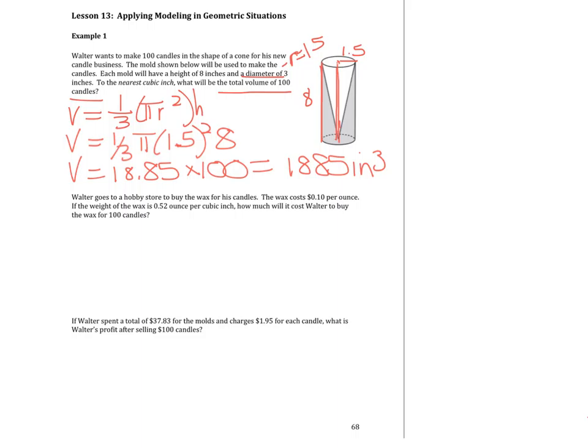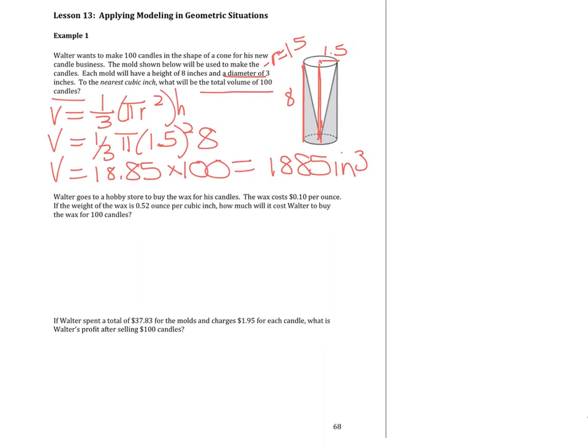So we have 1885 for the volume of 100 candles, and that's cubic inches. We're going to multiply that by 0.52 ounces per cubic inch, and then we're going to multiply by the cost of the wax, 0.10 dollars per ounce.